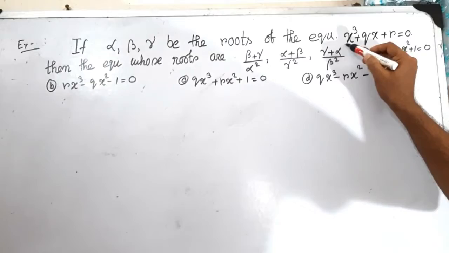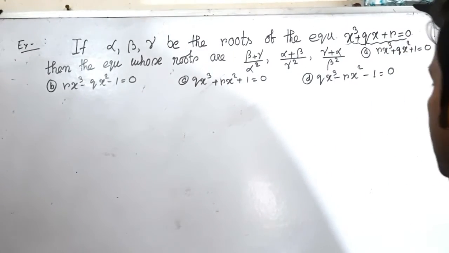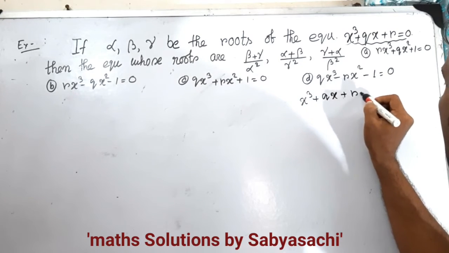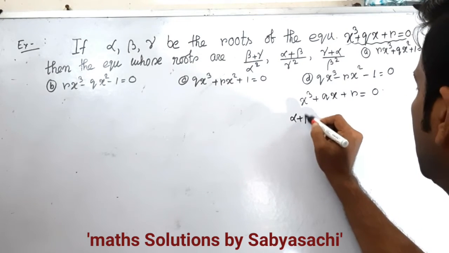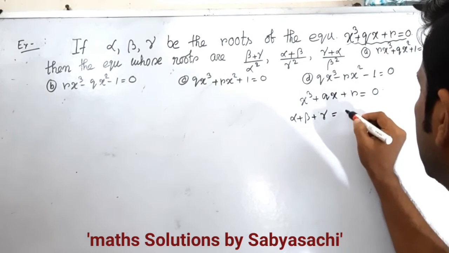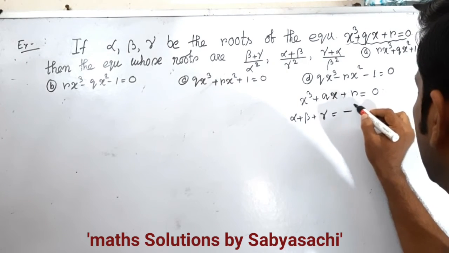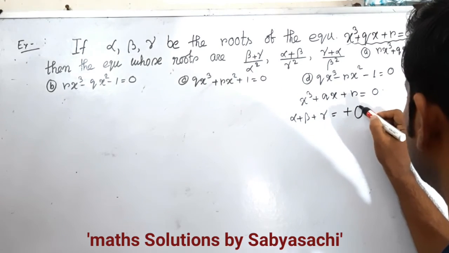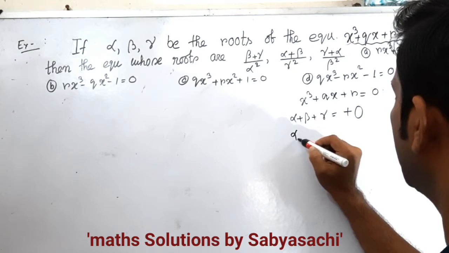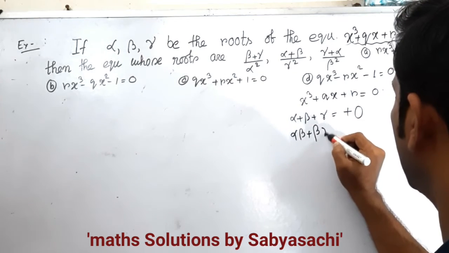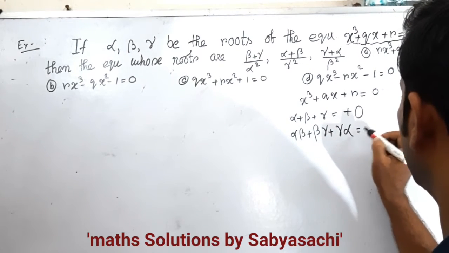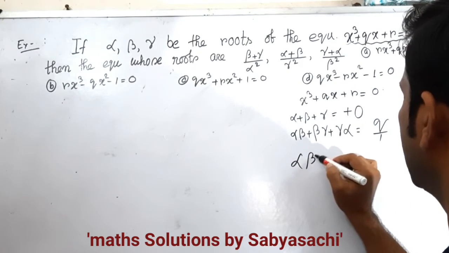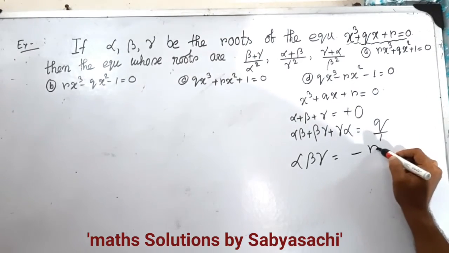From the relation of roots and coefficients, we know that the sum of roots alpha plus beta plus gamma is equal to minus b by a, but the coefficient of x square is 0, so this is 0. Alpha beta plus beta gamma plus gamma alpha is equal to q by 1, and alpha beta gamma is equal to minus r.